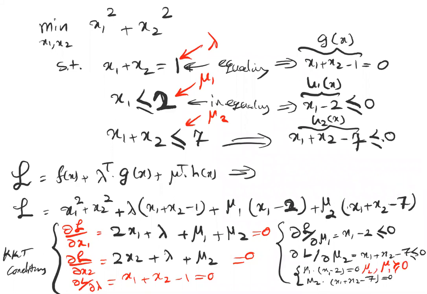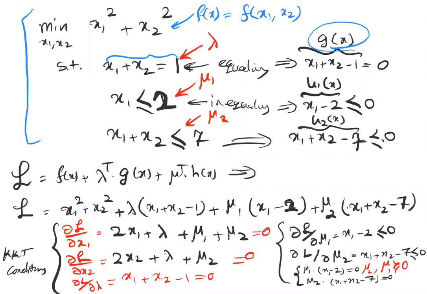So let me go over it one more time. We have this optimization problem. This is your objective function, or f of x, which is in this scenario f of x1 and x2. We have our equality constraint, or g of x. We have two inequality constraints. In this case, we call them h sub 1 of x and h sub 2 of x.